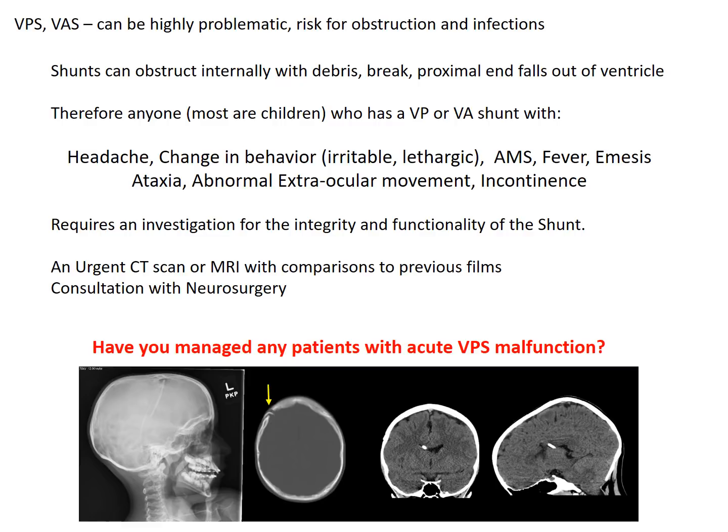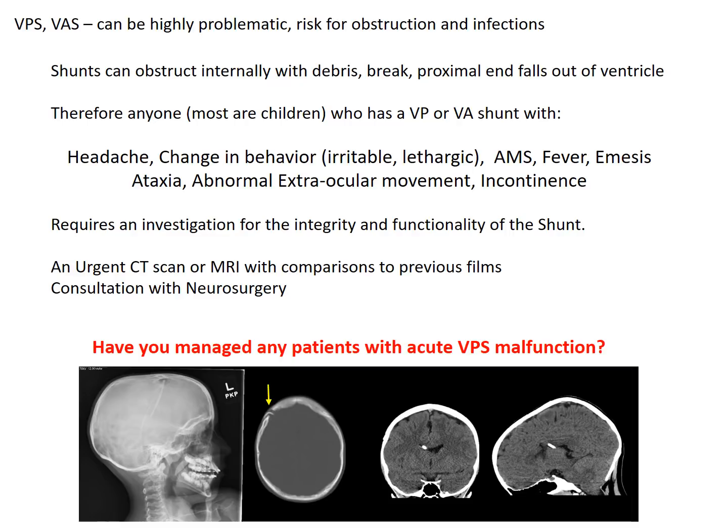So any individual with a VA or a VP shunt who starts to develop headache, change in behavior, irritability, lethargy, altered mental status, fever, vomiting, ataxia, abnormality in extraocular movements, and even incontinence. That's an interesting one, incontinence.